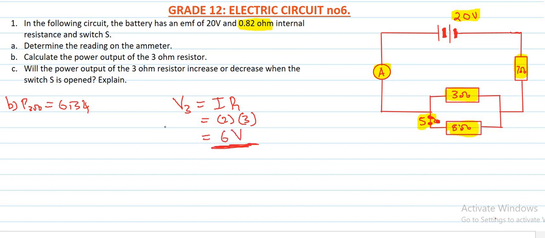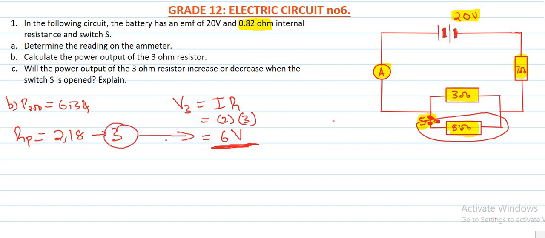It means that the resistance of the parallel circuit has increased if we have removed the 8 ohm. It has increased because from the parallel resistance we got 2.18, and now the resistance became 3. So meaning the potential difference has also increased.